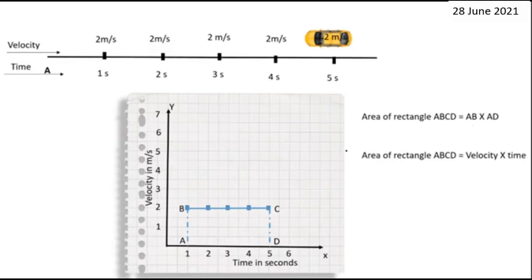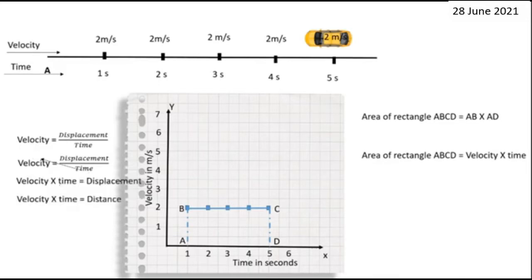Right? So this is a very important step now. We have found that area of rectangle ABCD is equal to velocity into time in this velocity-time graph. But what is the definition of velocity? Velocity is rate of change of displacement, or we can say displacement divided by time. Now if you do a cross multiplication, velocity into time will give you displacement.